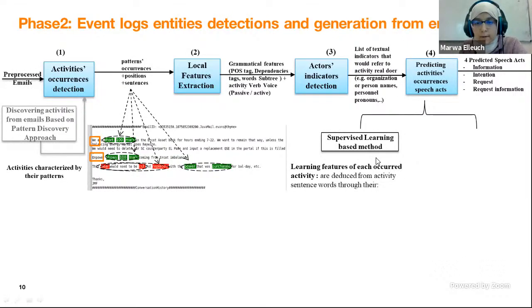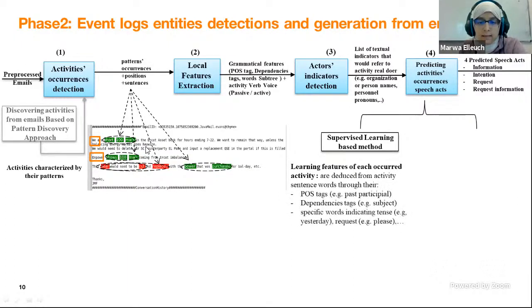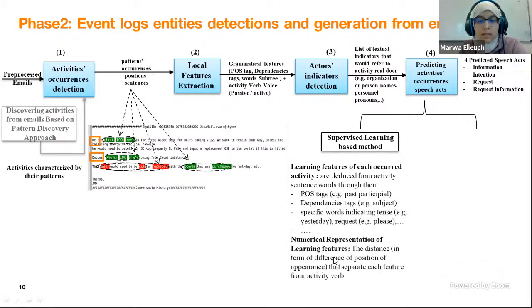Here, for deducing the learning features of each occurred activity, we used the grammatical features of words appearing in the same sentence where the activity occurs. And as numeric representation of these learning features, we used the distance, in terms of difference of position of appearance, that separates each feature from the activity verb.